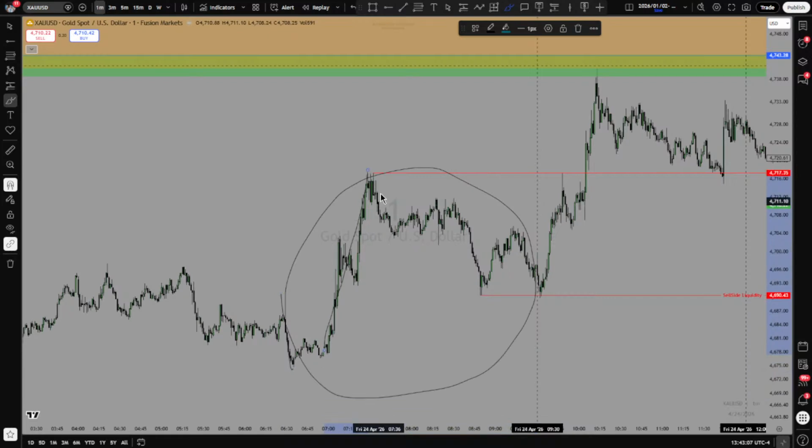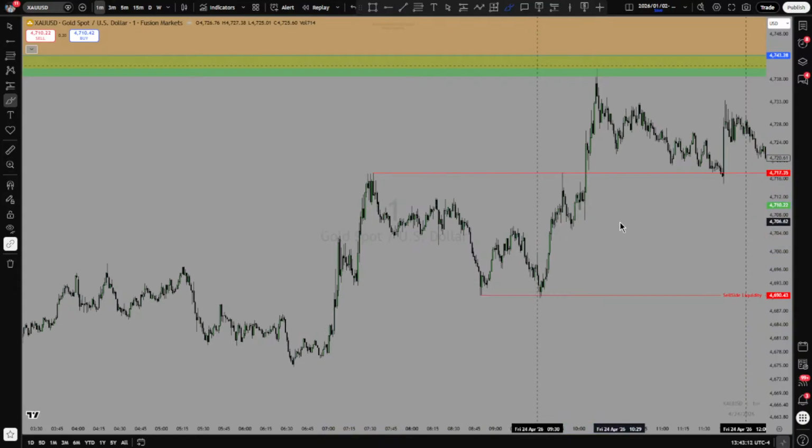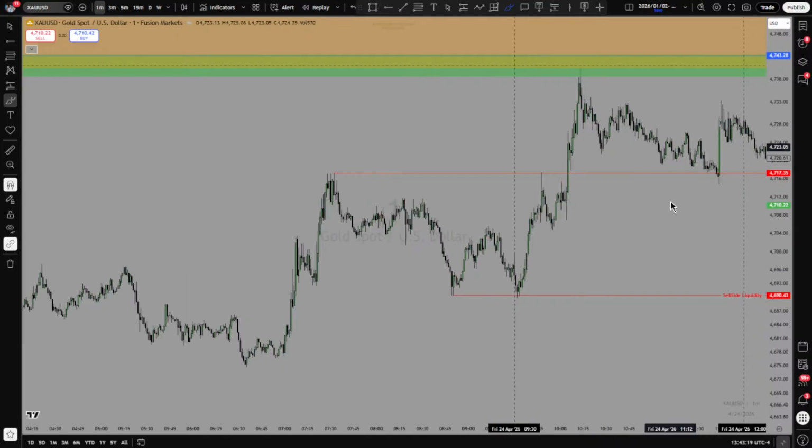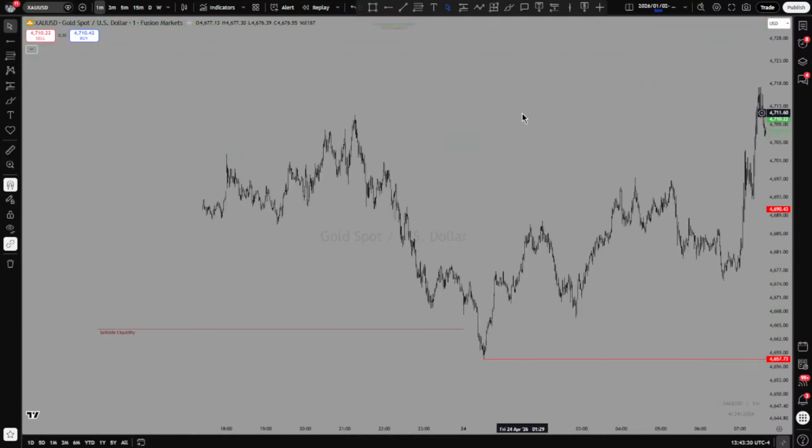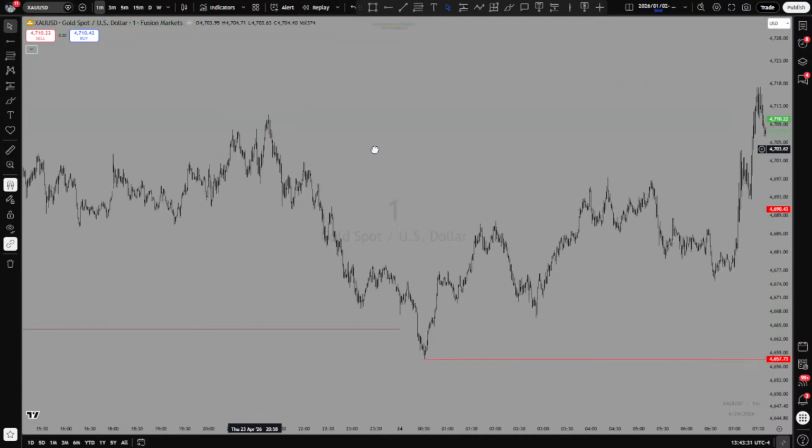From here, after the New York open, I expect to see the price just ranging and consolidating up until the PM session. That's what I expect, and that's how I look at the price, because most of the time that's how the price behaves.